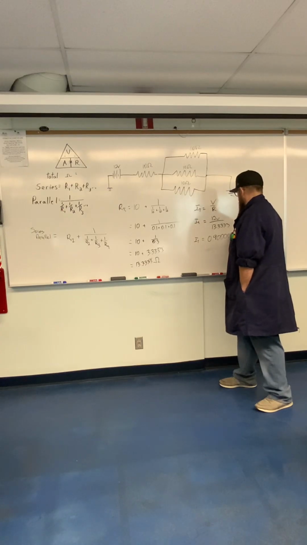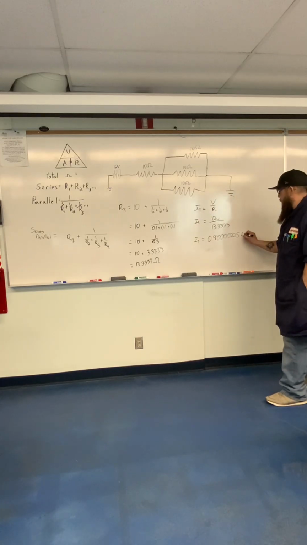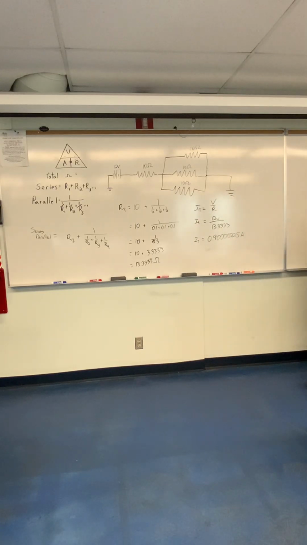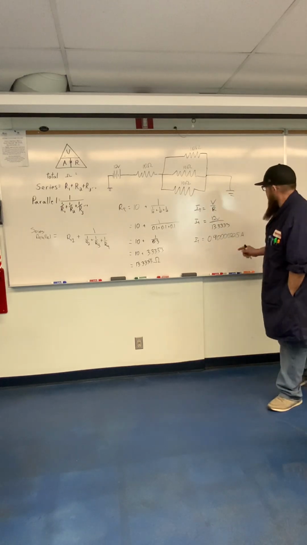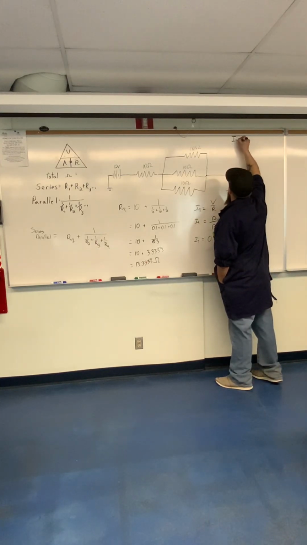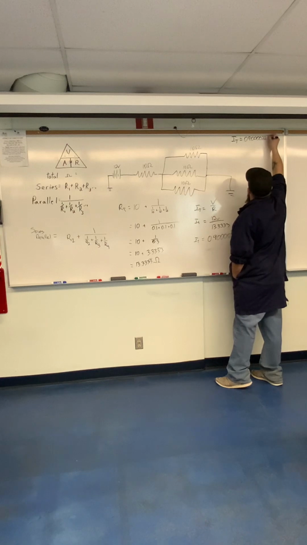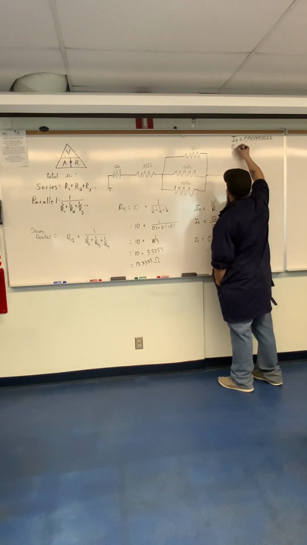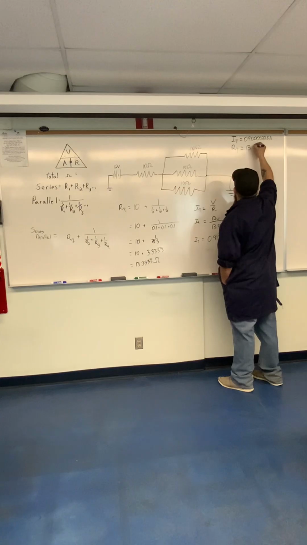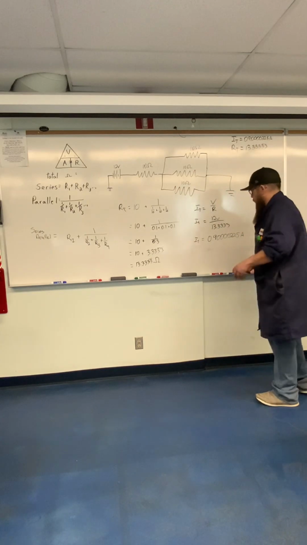For all intents and purposes, that'd be good enough. If I took it down, we could have 0.900225 amps. So now I have the total amperage. I'll write these up here. IT is equal to 0.900225. RT was 13.3333, again, repeating.